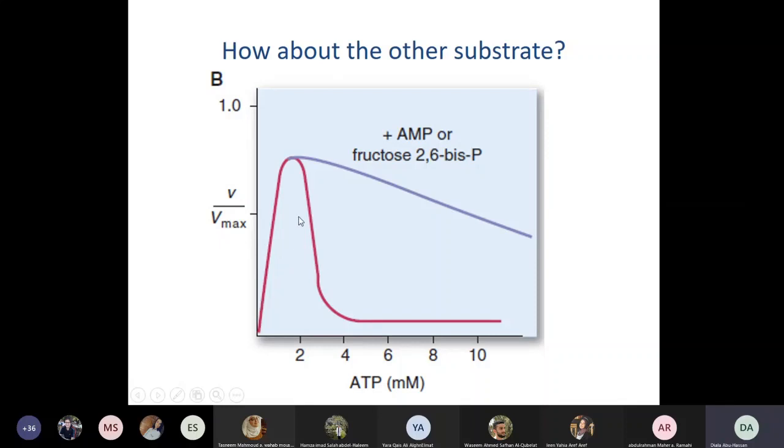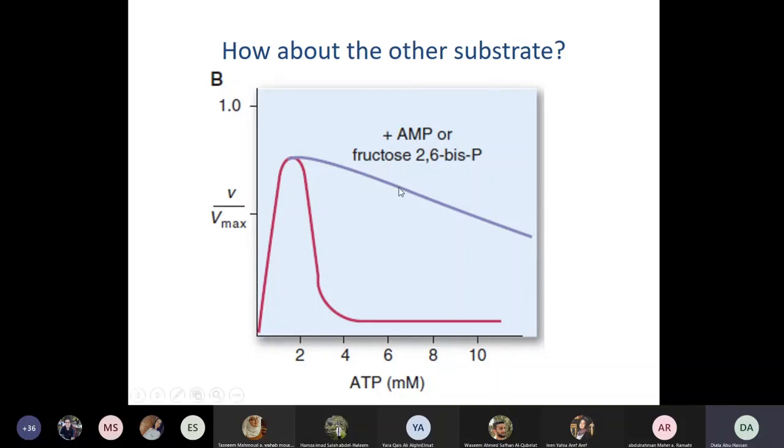Notice that whenever I have just a normal reaction, the velocity V over V max increases until it reaches the maximum, then it goes down even if I increase the amount of ATP. Okay? Because this is also dependent on the availability of fructose 6 phosphate, which depends on the availability of glucose.